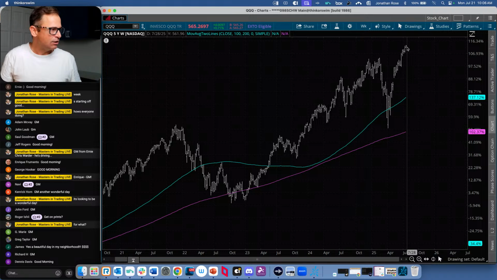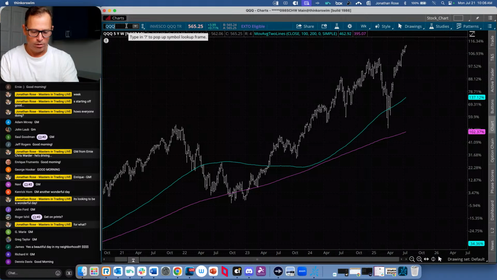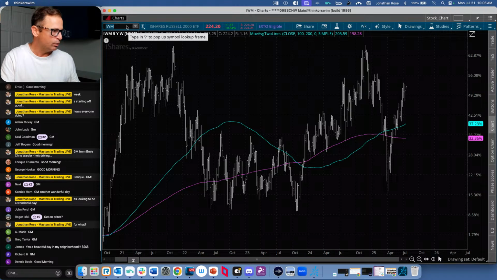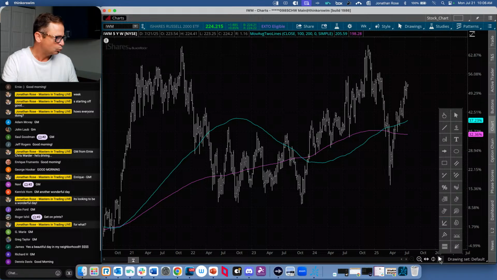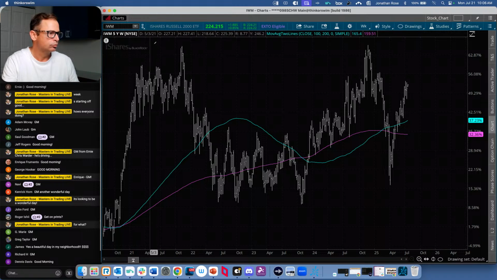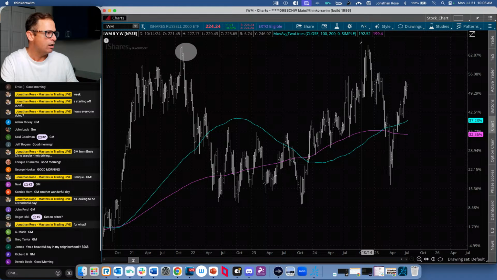Look at the Qs. Now if I go to Russell, which is the IWM, it looks more like this, going back to the same time frame. In the same time frame, we have our high back here at the end of 2021. Tried to grab that high at the beginning of the year, went right, matched up.